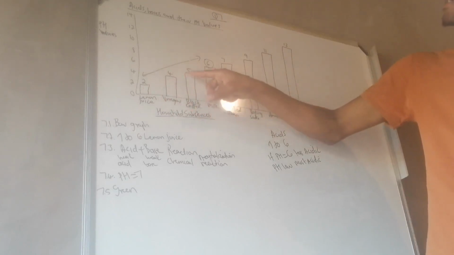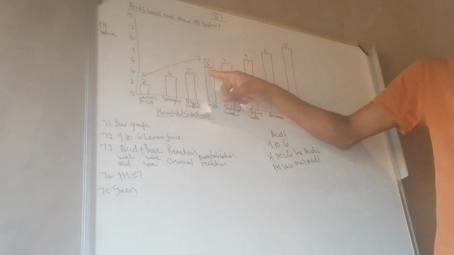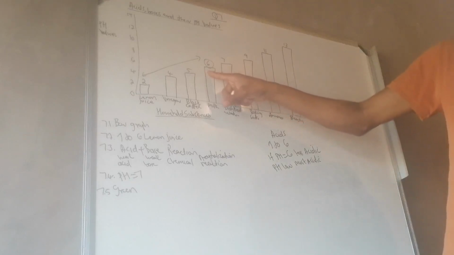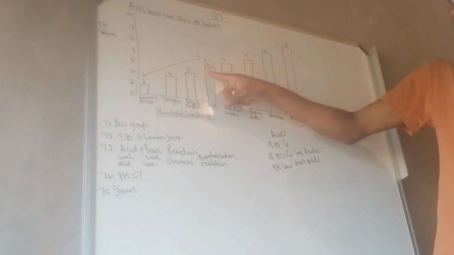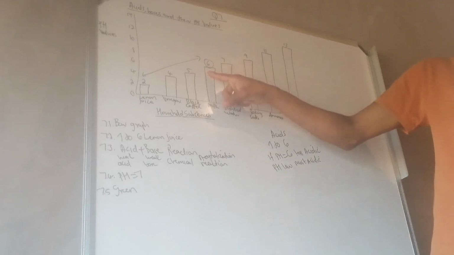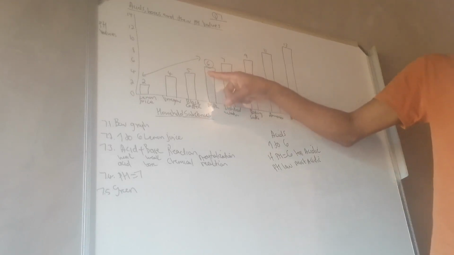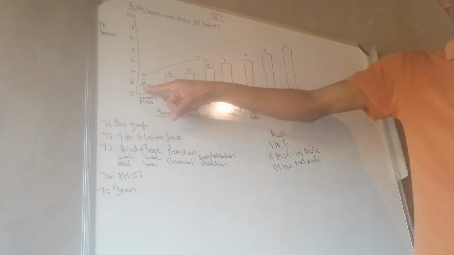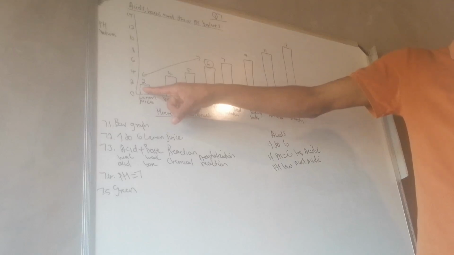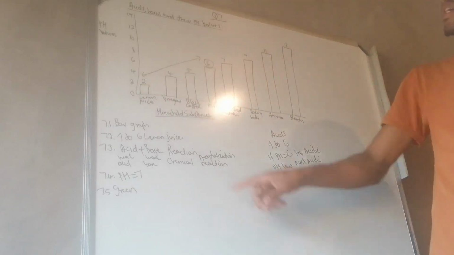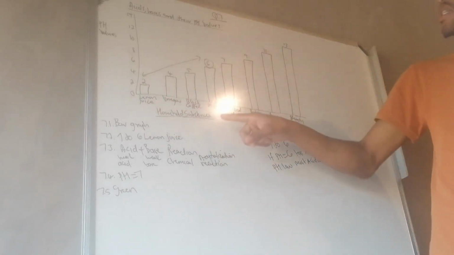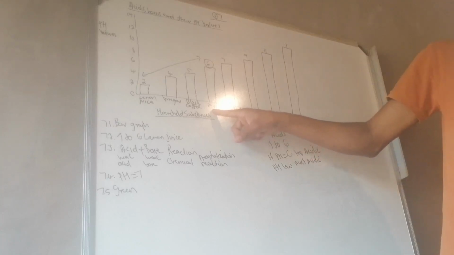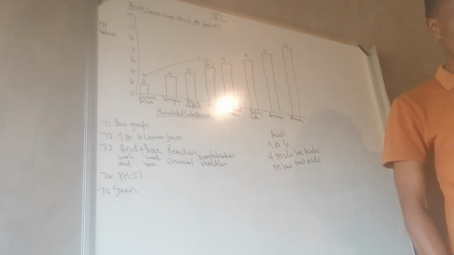If your pH is higher when you are an acid, then we know that you are a weak acid. If you are an acid and your pH is lowest, then we know that you are a strong acid. So lemon juice will be the strongest and milk will be the least acidic substance.